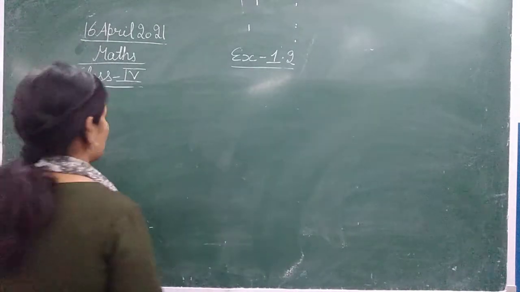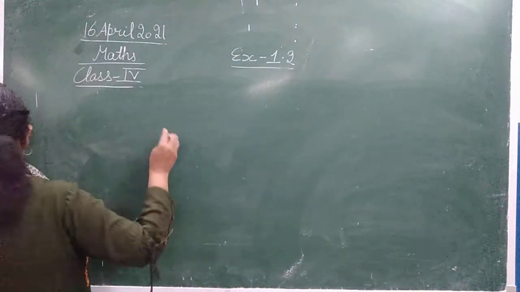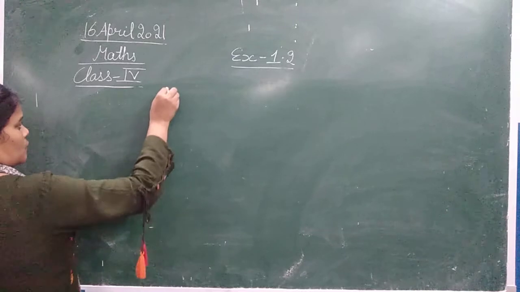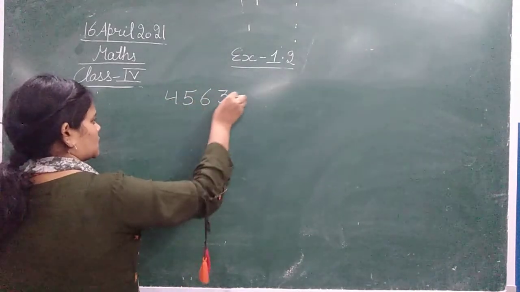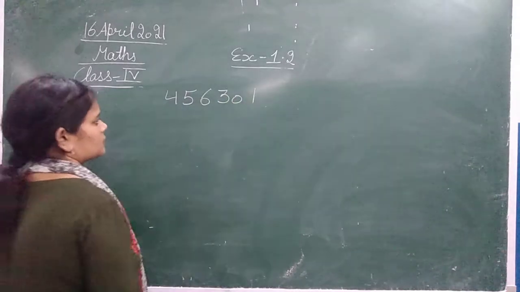Suppose I'm just taking an example, that is 4, 5, 6, 3, 0, 1.